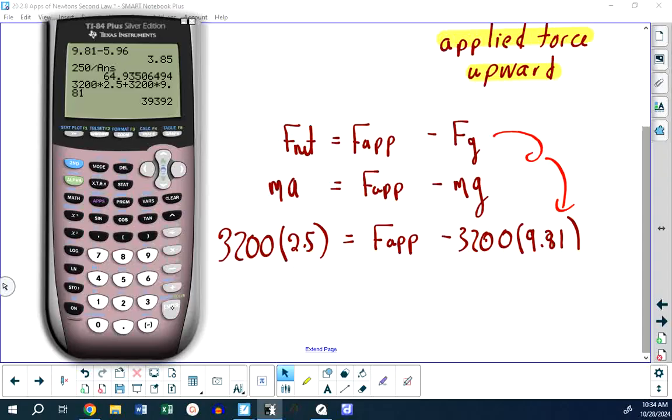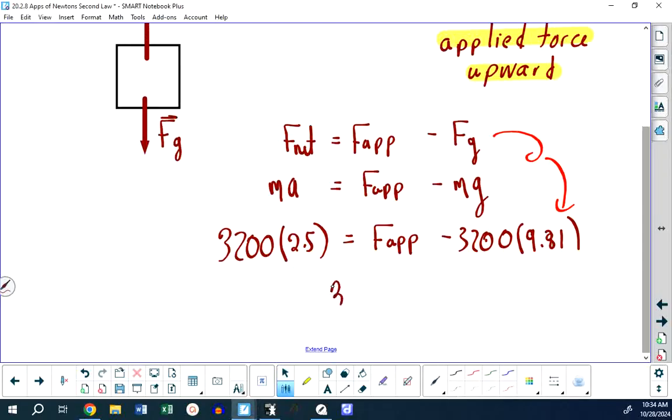Let's call it 3.9 times 10 to the 4 newtons. Why would this even be of interest to us? Well, if you're in engineering and you're designing a new lift system for something, then you would need to know what kind of cable to create or use in your lift system, and it had to withstand at least that tension.